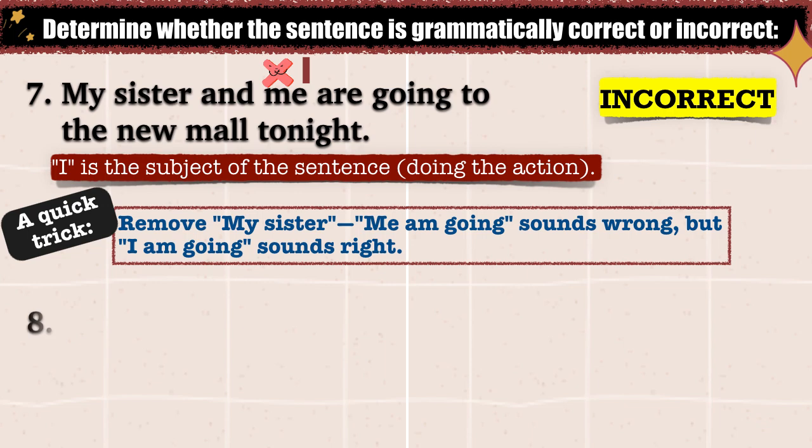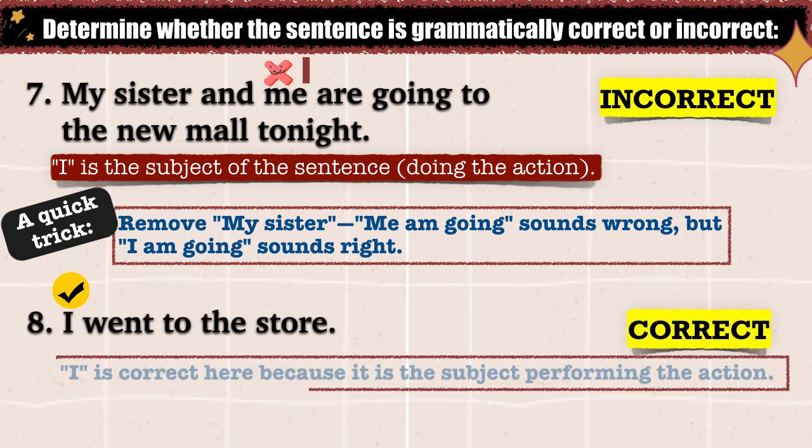The last one. I went to the store. Correct. I is correct here because it is the subject performing the action. I hope this has made I versus me crystal clear. No more second guessing. You are now equipped to use them correctly with confidence.